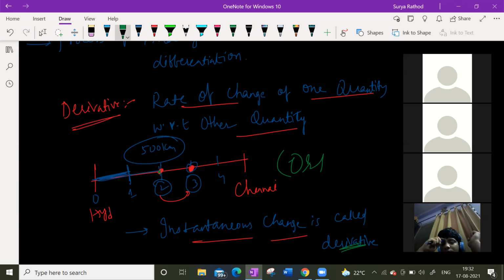At that particular instantaneous point, that is called the derivative. What is that point? After 4 hours, what was the speed? That particular instantaneous point is called instantaneous change. That is called a derivative. All right. I hope it is clear with everyone, guys.